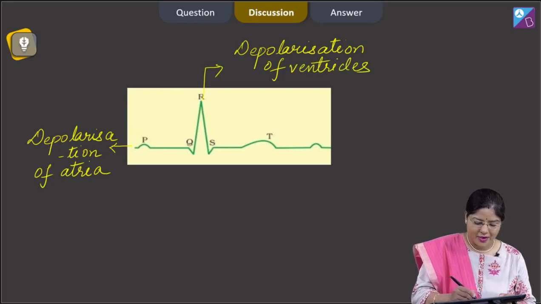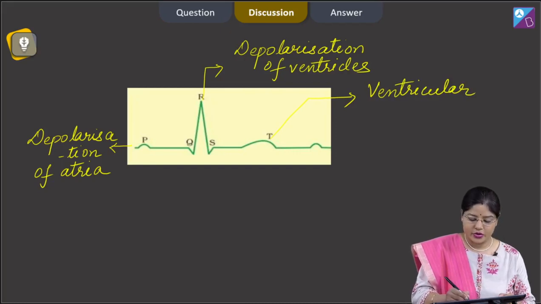And T wave indicates ventricular repolarization.